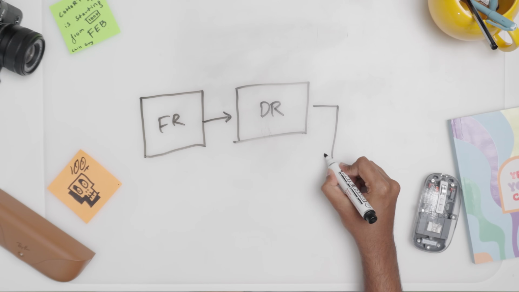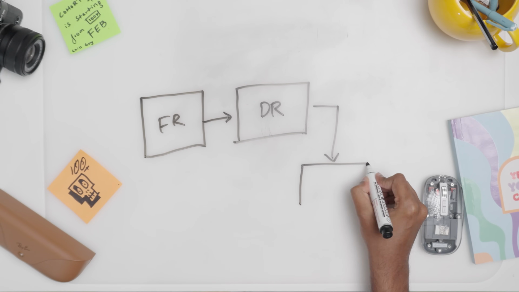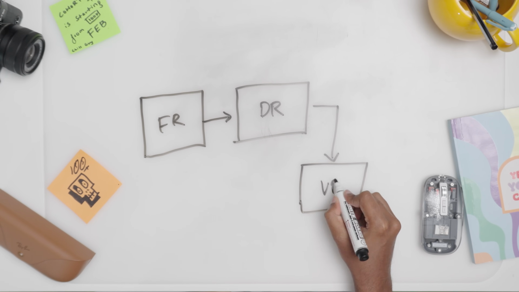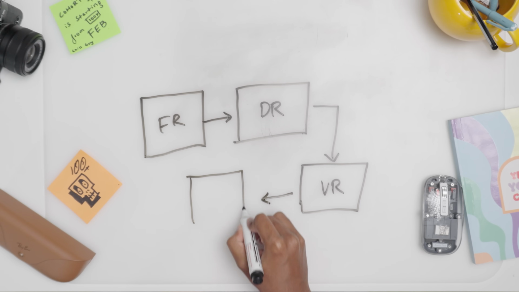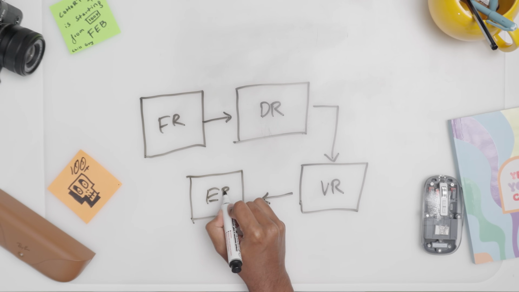From there, we're going to use these images and convert them into videos. So we're going to go to the video room. And finally, we're going to stitch all these videos together in the editing room. It's going to be a series of rooms. It's going to be a series of tools. Lots to learn, lots to uncover. Let's head into the fine-tuning room.